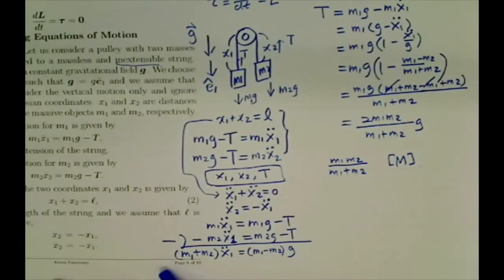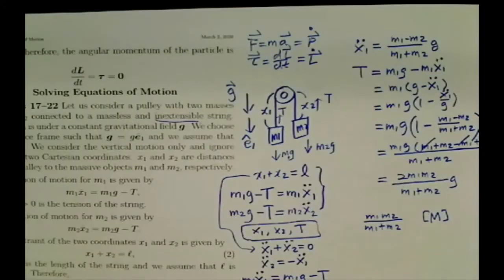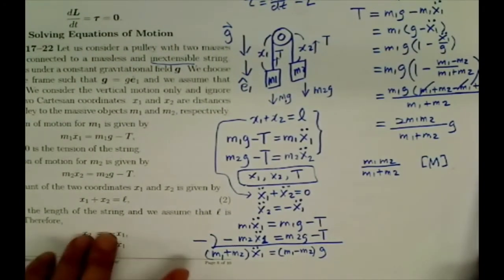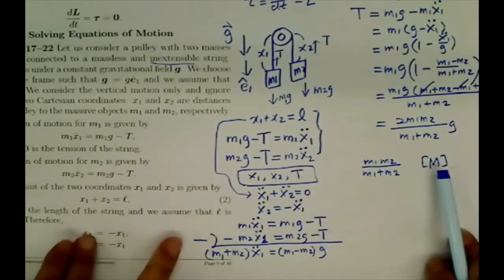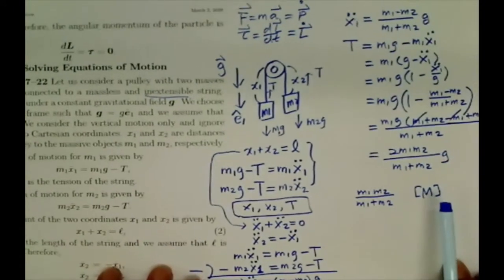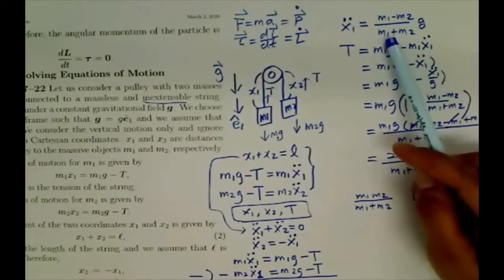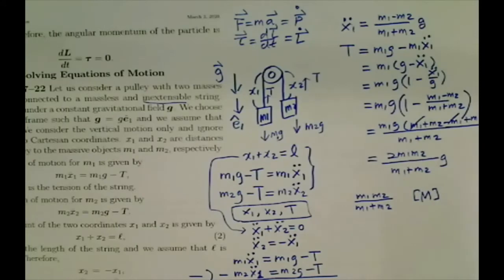The final result is the sum of masses multiplied by the acceleration of x1 equals the mass difference times the gravitational acceleration. Solving this equation, we can determine the acceleration of particle 1. The acceleration of particle 1 is (m1 minus m2) over (m1 plus m2) times g.